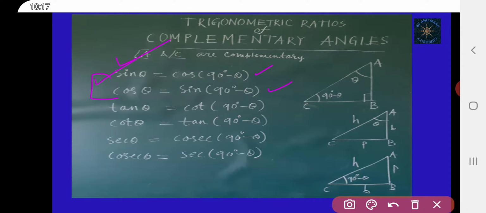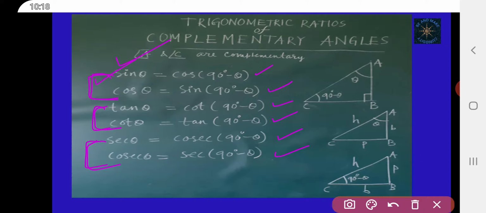Sin is related to cos, tan is related to cot and sec is related to cosec. So tan theta equal to cot 90 degree minus theta, cot theta equal to tan 90 degree minus theta, sec theta equal to cosec 90 degree minus theta, cosec theta equal to sec 90 degree minus theta. You can remember easily in this way. Remember this relation.